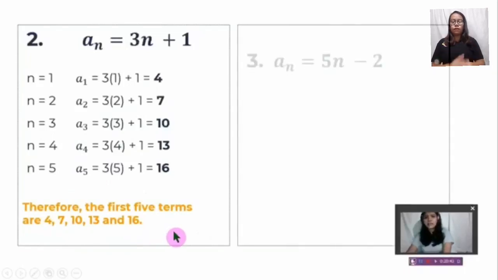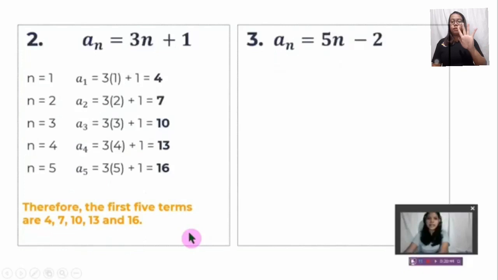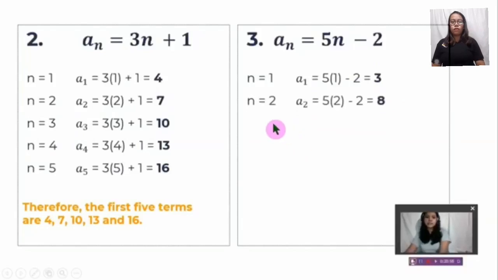For the next example, a sub n is equal to 5n minus 2. Let's start with n is equal to 1. Our a sub 1 would be 5 times 1 minus 2. That is 3. For n is equal to 2, our a sub 2 would be 5 times 2 minus 2. So that is 8. For n is equal to 3, our a sub 3 is equal to 5 times 3 minus 2.